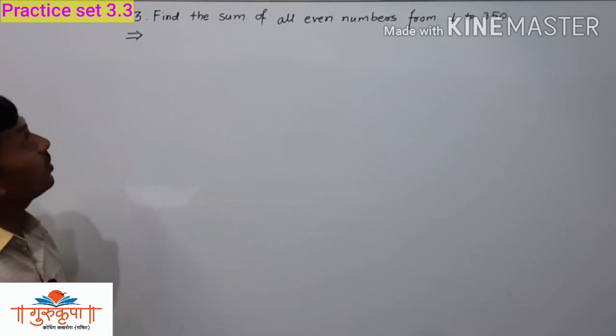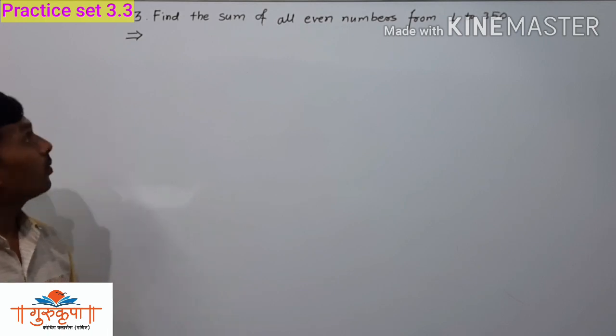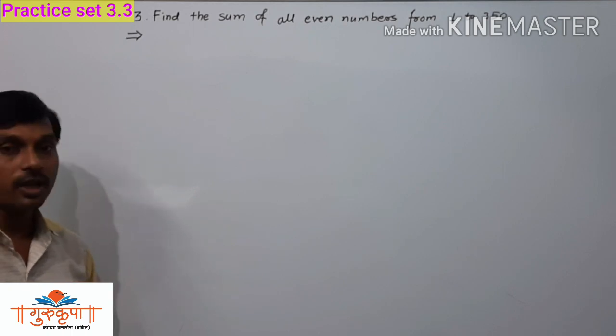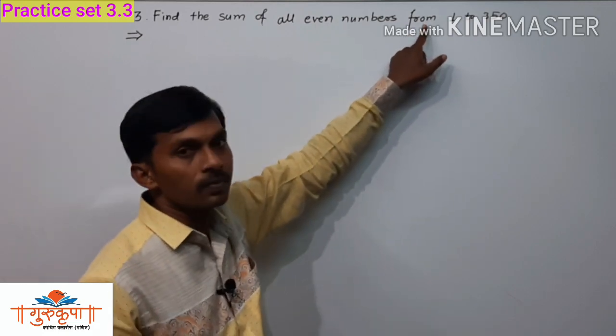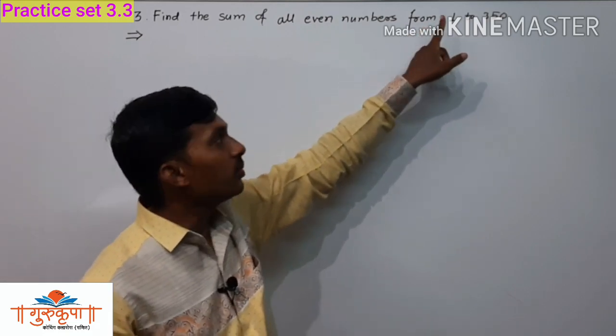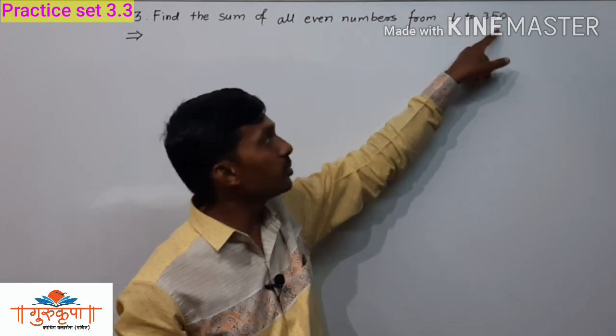The question is, find the sum of all the even numbers from 1 to 350. This word "from" is very important. From means we have to calculate both these numbers, including these two numbers.